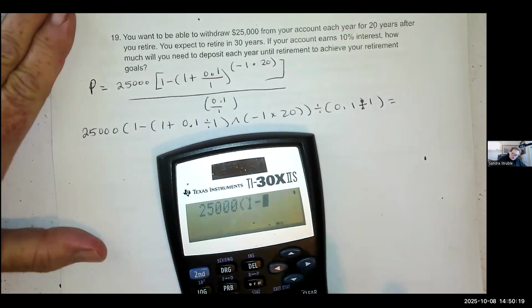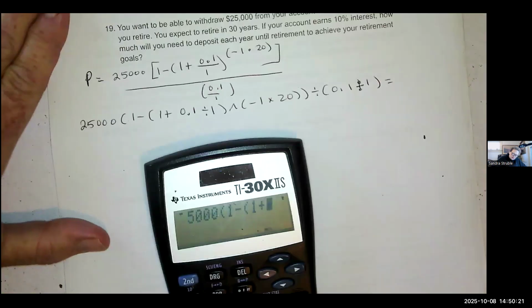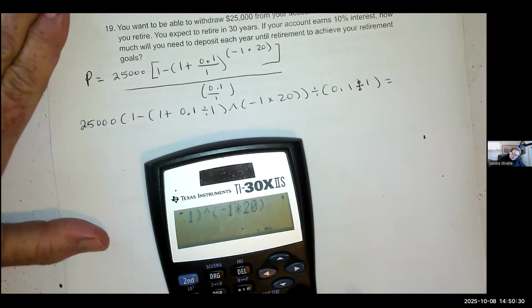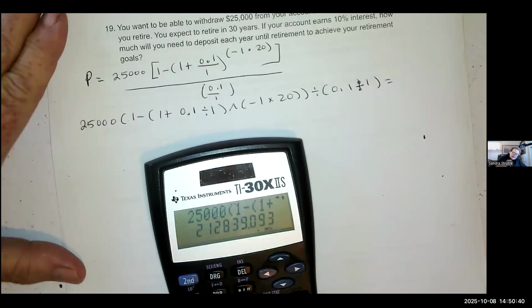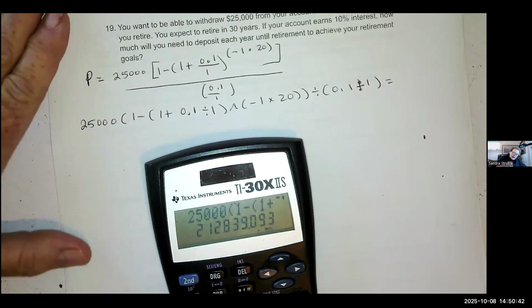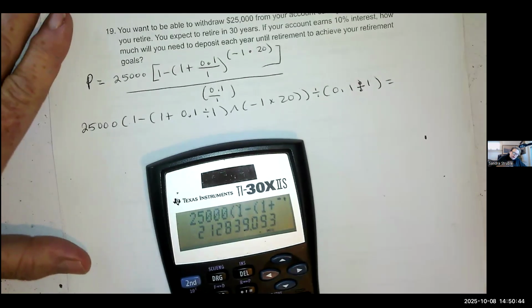Open 1 minus, open 1 plus 0.1 divided by 1. Close, caret, open, negative 1 times 20. Close, close again, divided by open, 0.1 divided by 1, close, and equals. So we need to have $212,838.09 in the account when we go to retire so we can have $25,000 a year for 20 years.